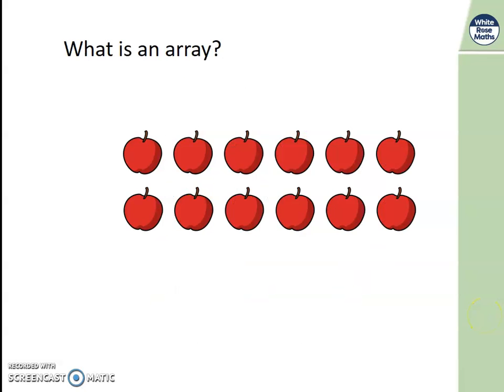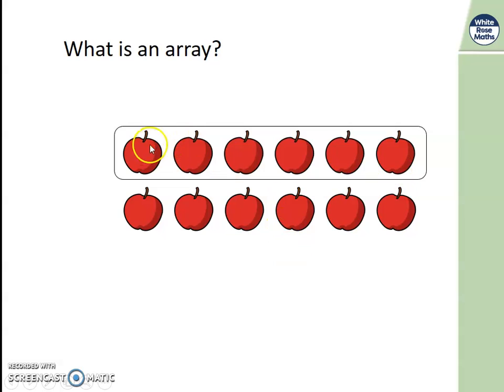So what is an array? An array is a way of showing amounts using objects or pictures or shapes in a way that we can count easily. So let's look at this array here. How many do we have on the top line? Well done, we have 6 on the top line. How many do we have on the bottom line?